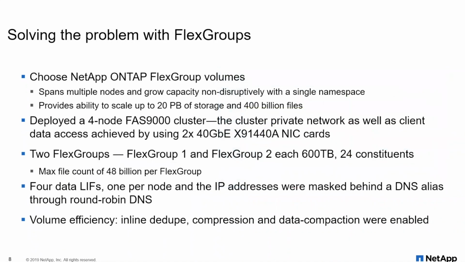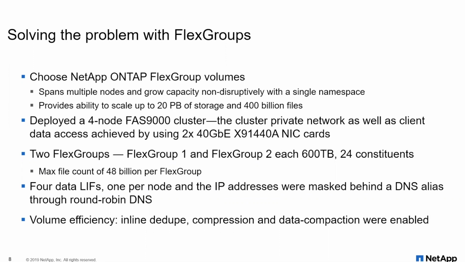Right. So we spoke about the challenges we had operationally and the limitations of using the FlexVol volume. Now, how did we solve it? We figured the only way we could solve this data ingestion problem was with a large container that could go beyond the limitations FlexVols have today, which are the 100 terabyte size and the 2 billion inode count.